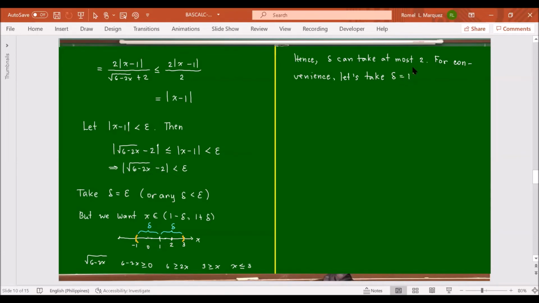Can I take 2? Yes. Can I take 1/2? Yes. After all, we just want a delta. And of course, if you take delta to be 1, any delta that is less than 1 can be chosen. Is that clear, guys?